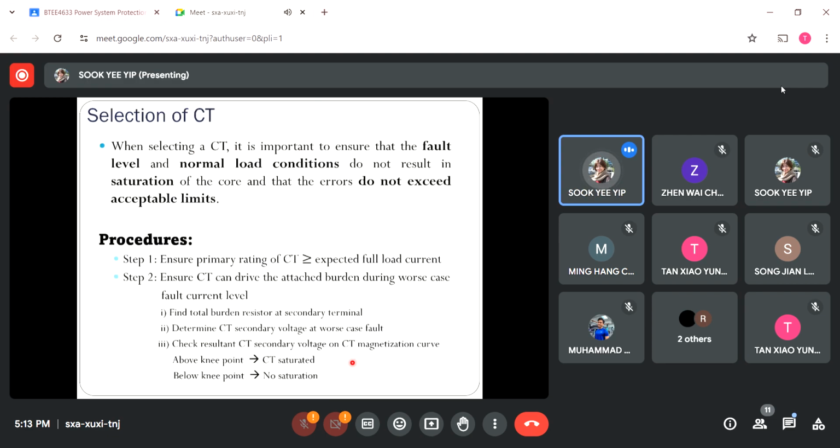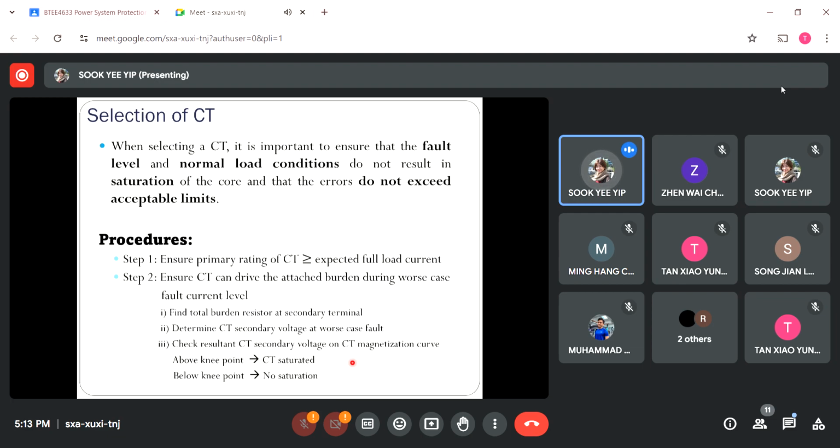In addition to the burdens being connected, what is the mode of operation? Is it picking up the overcurrents or the earth fault situations, and even considering how the value of the burden impedance changes based on the relay pickup values?